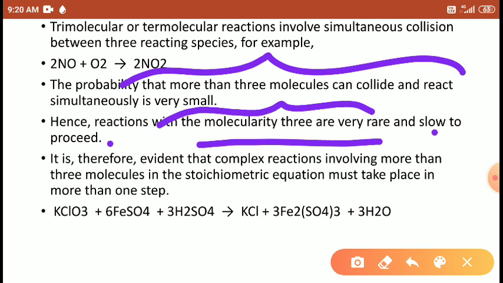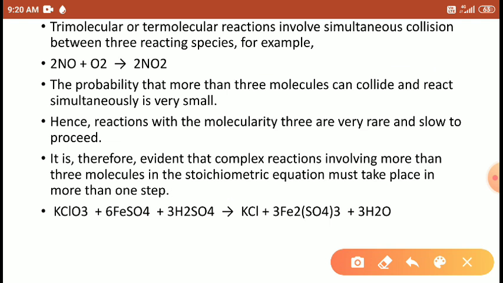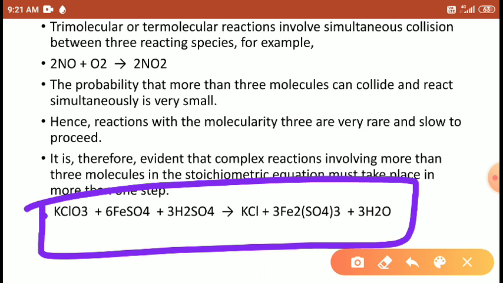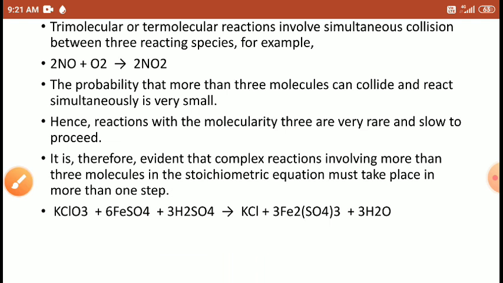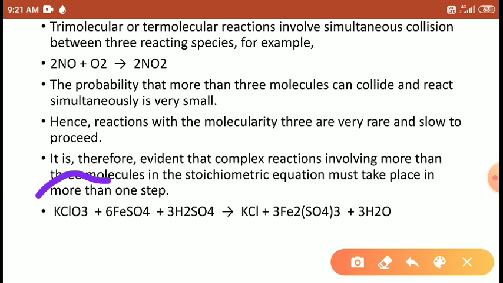Therefore, for a complex reaction involving more than three molecules, the stoichiometry of the equation takes place in more than one step. Such reactions are very slow and very complex, so we have to write such reactions in more than one step.